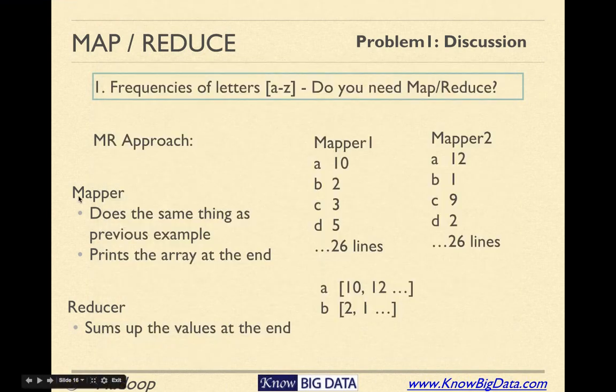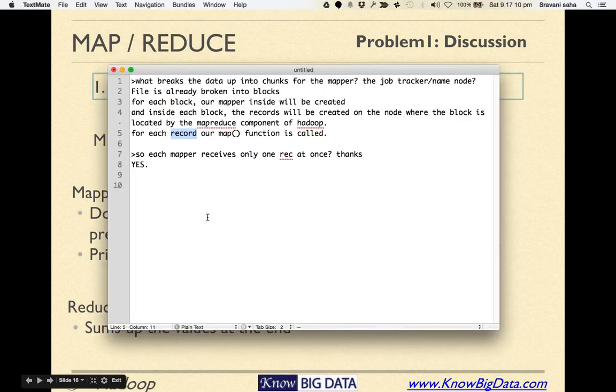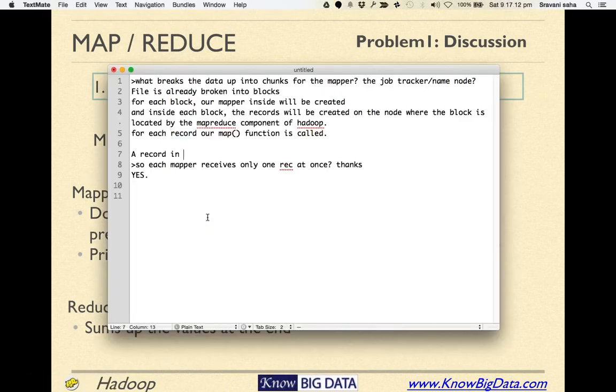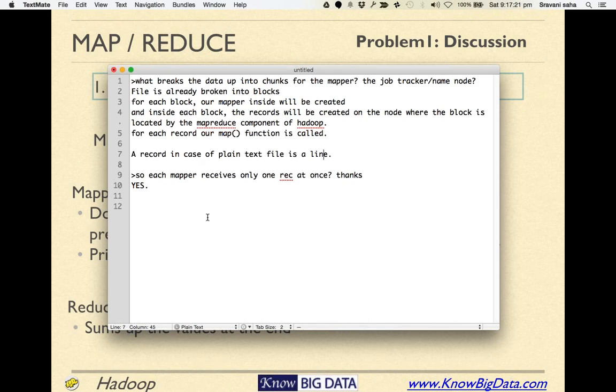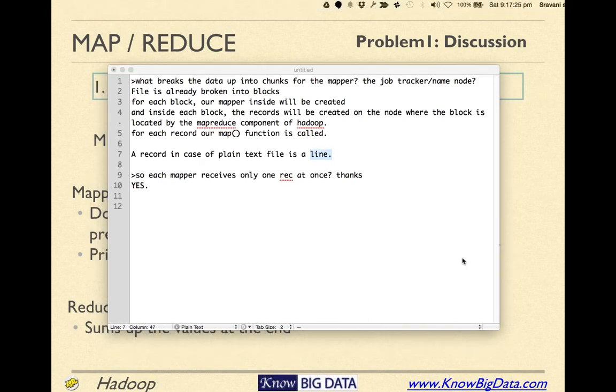And the record, in case of a plain text file, is a line, right? A single line.